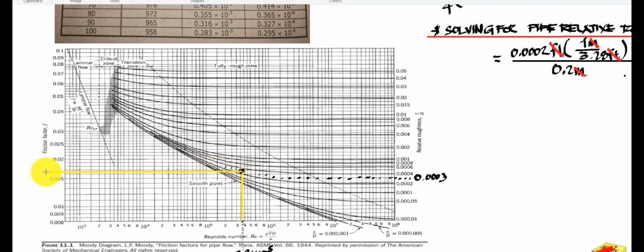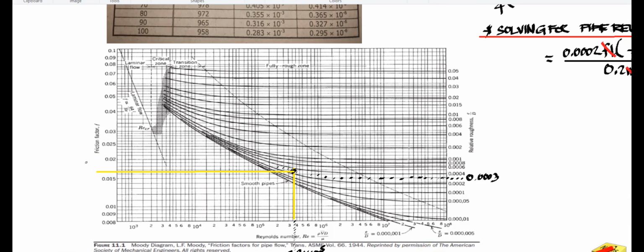Drawing a straight path line here, you will notice that it lies between 0.015 and 0.02.